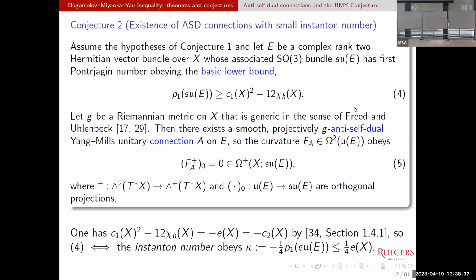So if it does, as we'll see in a moment, then in this favorable setting, this will imply the line. Here, what we're effectively asking is to produce an anti-self-dual connection in the bundle with small instances.